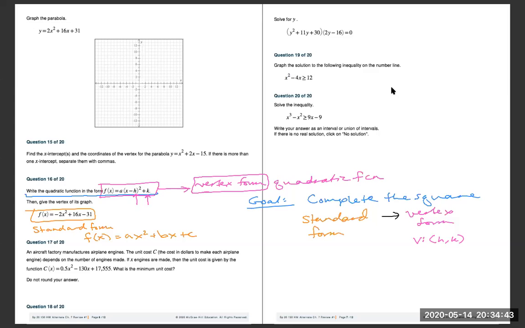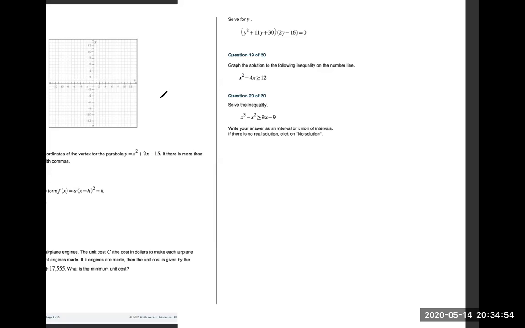All right, let me save this. And I'm going to start a new share with you. Okay, I guess I have to stop my share first and then start a new one. There we go.